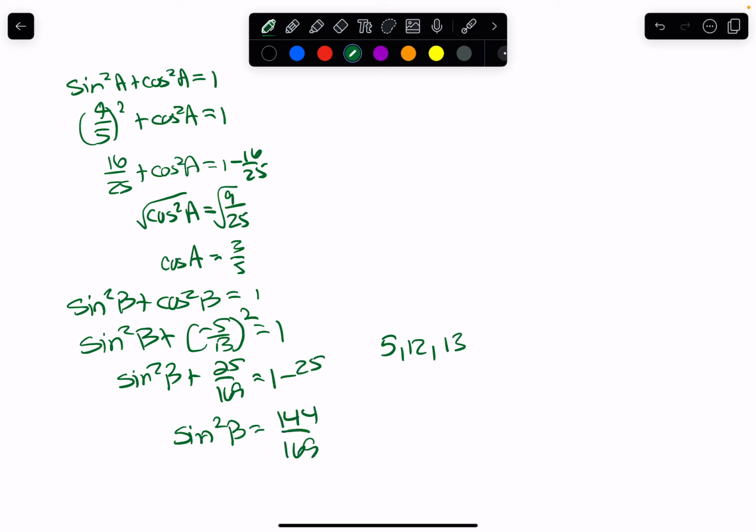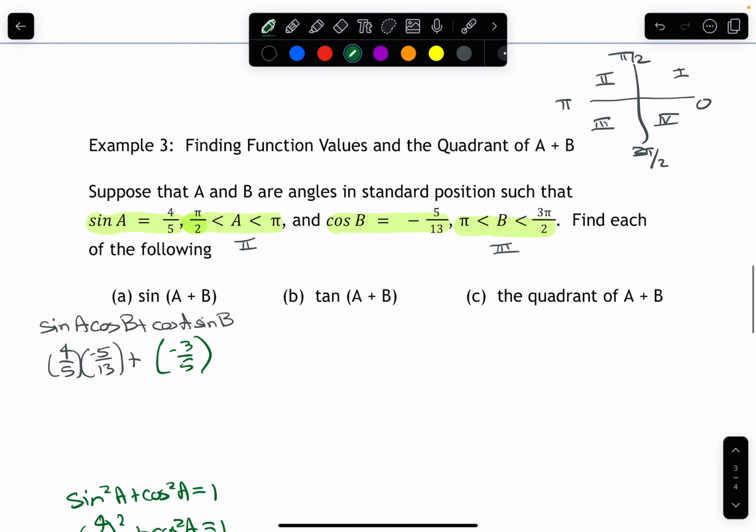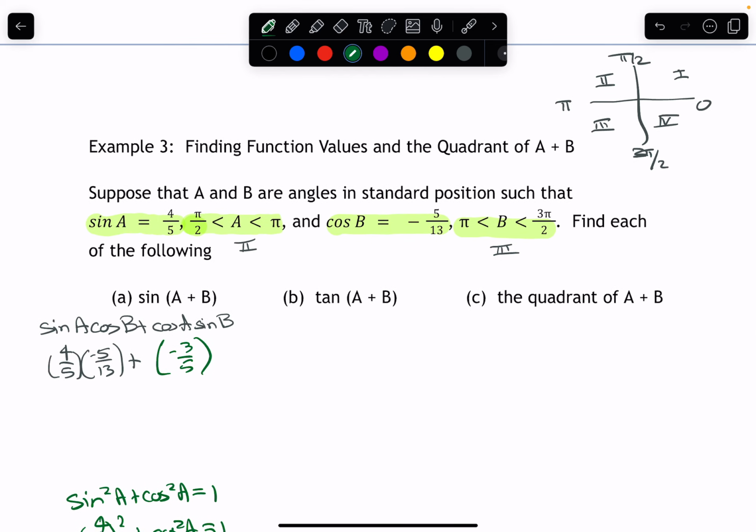When I subtract that 25 over 169, it's 144 over 169. And then we'll square root to get that the sine of b is 12/13. And since b is in quadrant 3, it's also going to be negative.